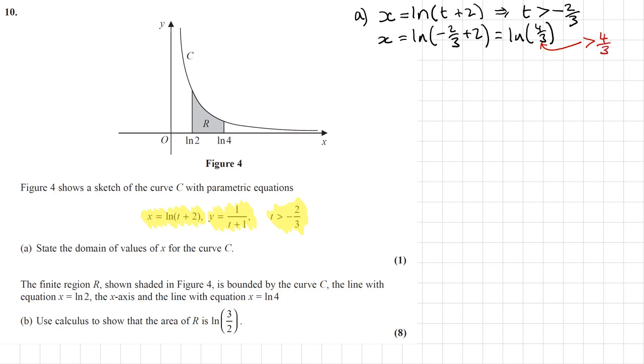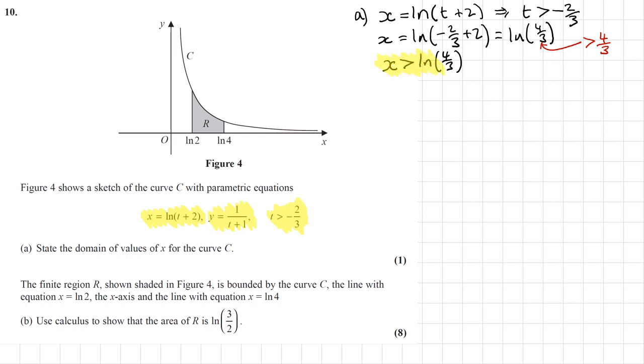So that means that the domain, the input values, the x values, are going to be greater than log 4/3. The edge of the domain is log 4/3, but since t needs to be greater than negative 2/3, this value here is going to be greater than log 4/3. So that gives us our domain.